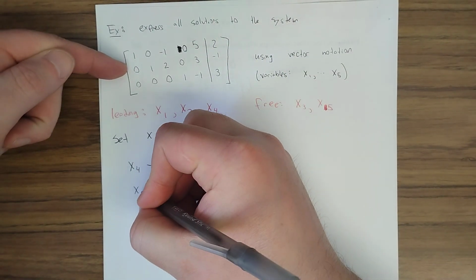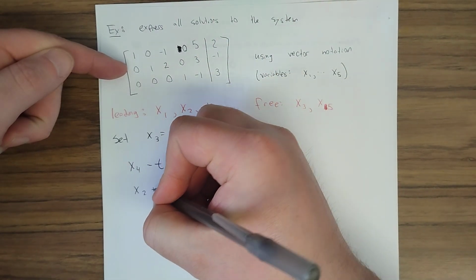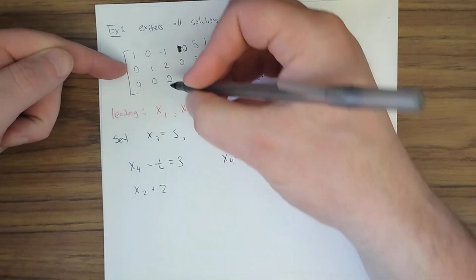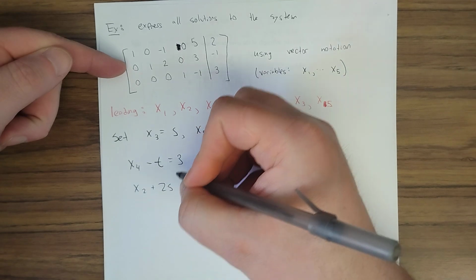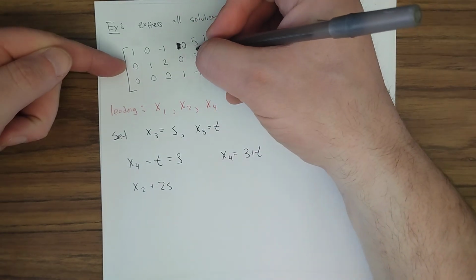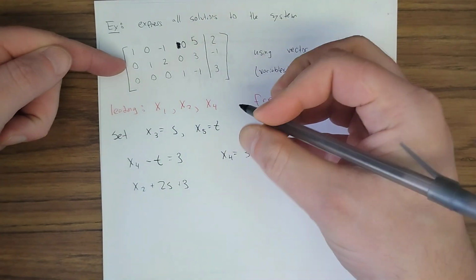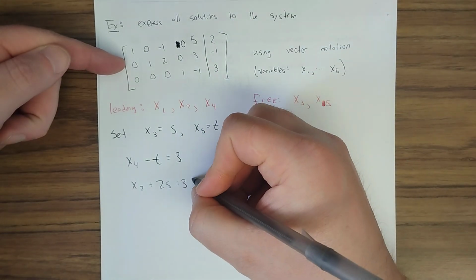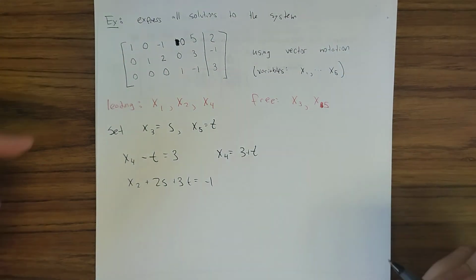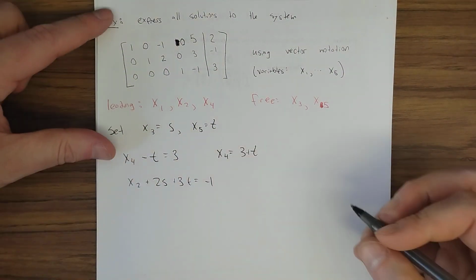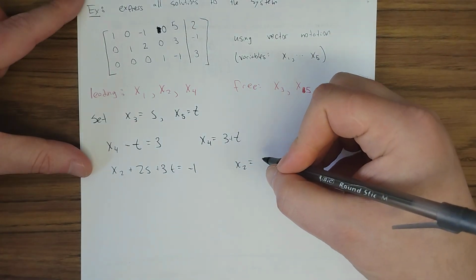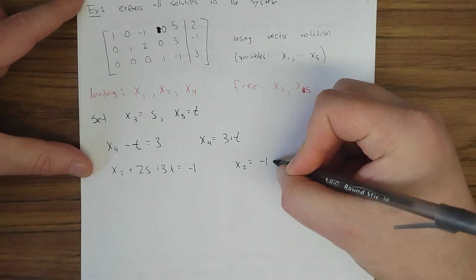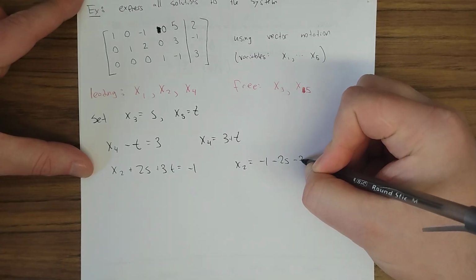This one tells me x2 plus 2x3, and x3 is s, 0x4 plus 3x5, and x5 is t, equals -1. Okay, so x2 is -1 minus 2s minus 3t.